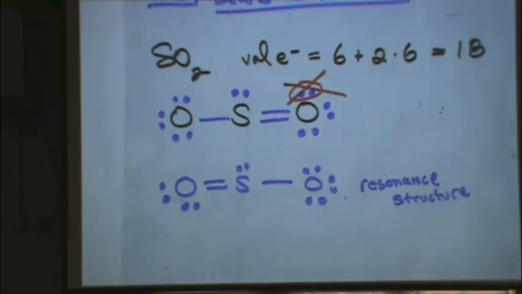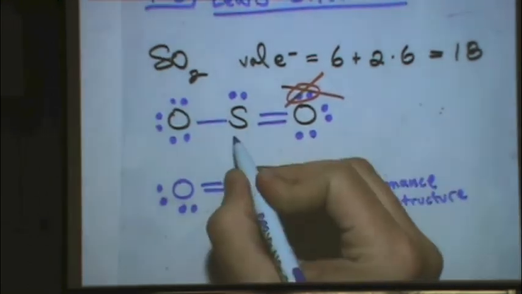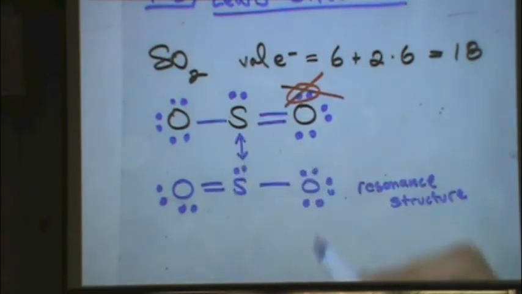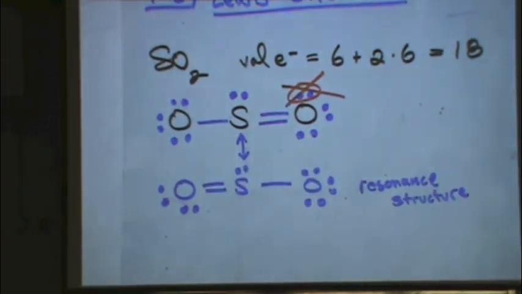And they're considered equivalent in this case. And to show in symbols, so you don't have to write the words resonance structure, you draw a double-headed arrow, essentially. And that means, via symbols, resonance structure. Or these two are resonance structures.